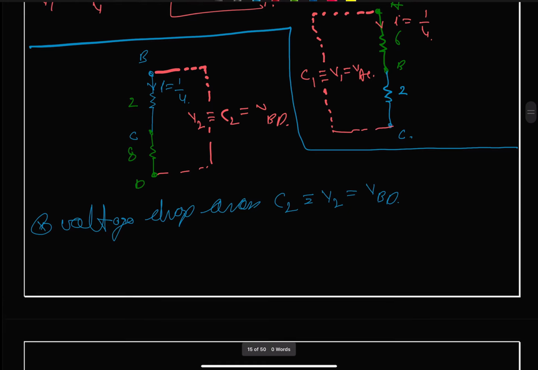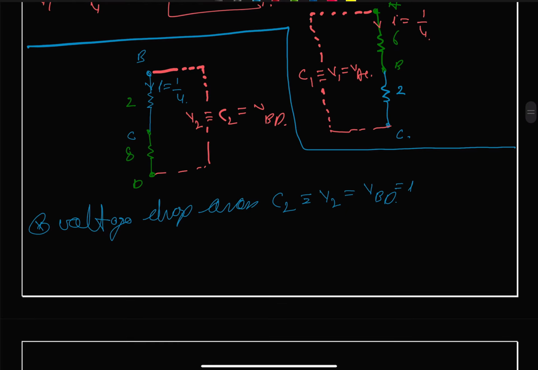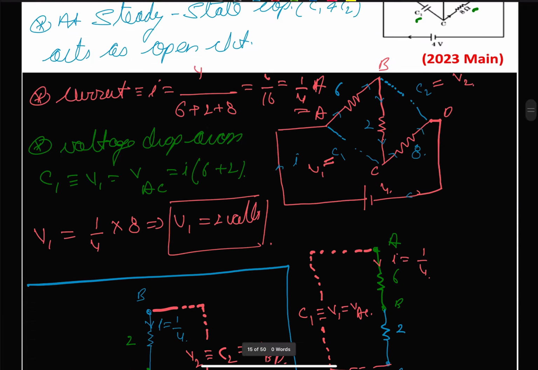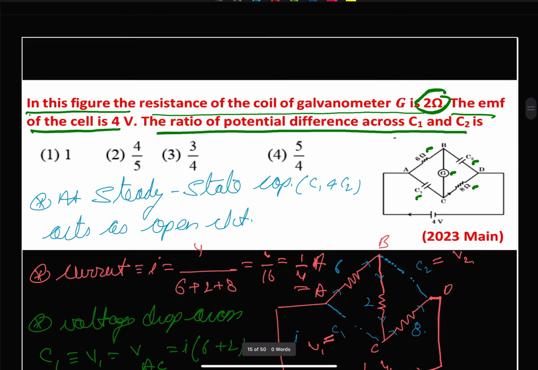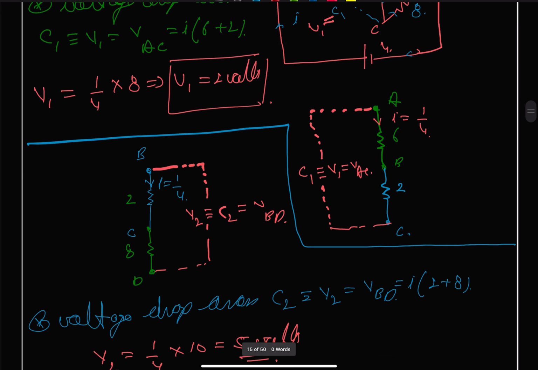So we get this as I multiplied by 2 plus 8, and we get our V2 will be equal to 1/4 multiplied by 10, giving us 5 volts. And we have to find out the ratio C1 by C2, which means V1 by V2.